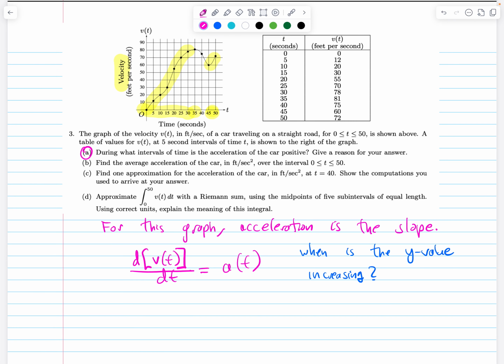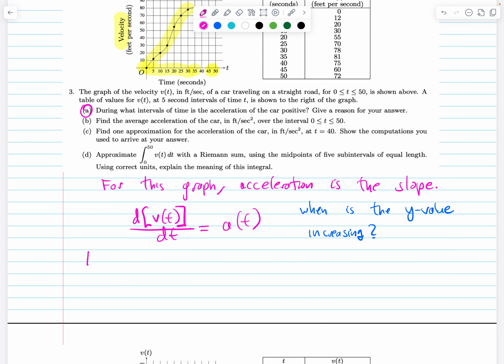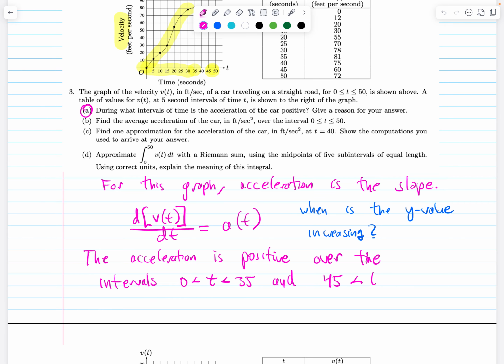So I would answer this as the acceleration is positive over the interval 0 to t to 35, and so I guess I should make that intervals, 45 to t to 50.